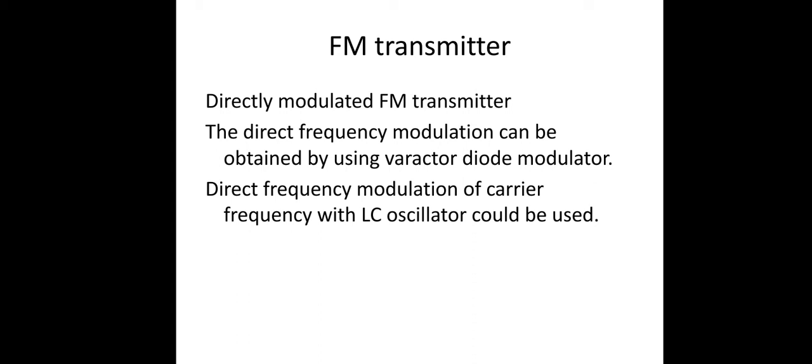In direct frequency modulation, the maximum frequency deviation is kept small, and the modulated signal from the FM oscillator is passed to a frequency multiplier circuit, which increases the output frequency to the desired carrier frequency, and also the frequency deviation.